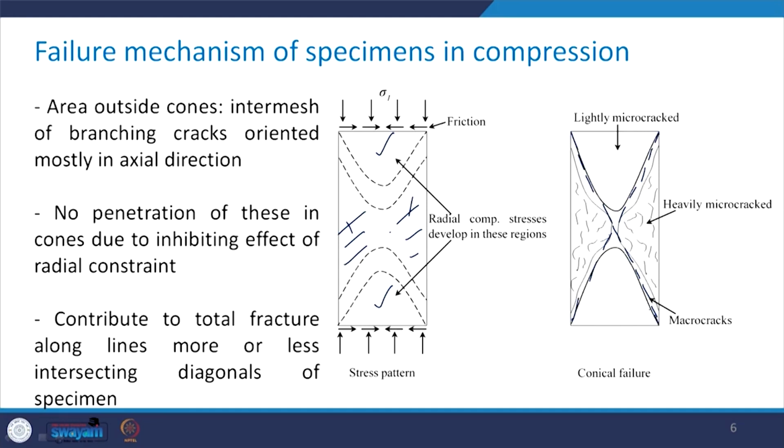Mostly along the diagonal direction they will have macro cracks, and finally at failure you will have this kind of situation where along the diagonal you will have the micro cracks, then you will have these two conical sections which will be free from micro cracks, and then the remaining portion will be heavily micro cracked.